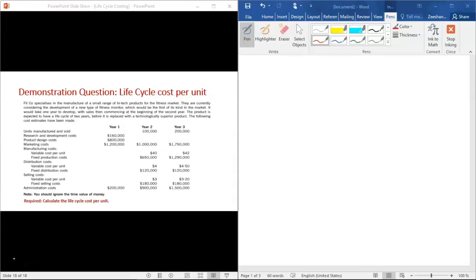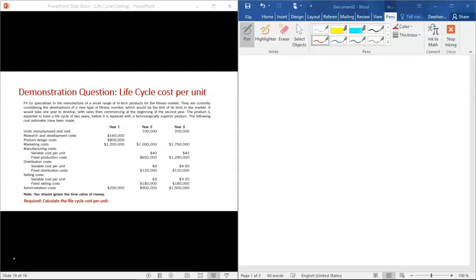The following cost estimates have been made. So this is the information about the product, categorized into 3 years. The first year is research and development, and then in the next 2 years, the product is launched.